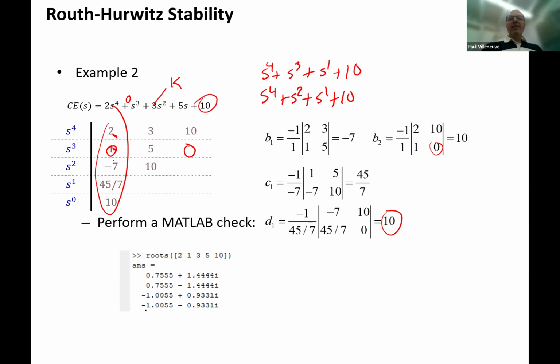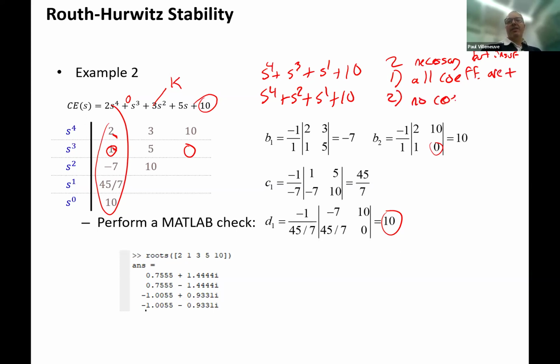So as long as you have those two necessary but insufficient conditions, which is number 1, all coefficients are positive, and number 2, no coefficient equals 0, then you can actually do the Routh-Hurwitz. If either of those fail, then you can't do the Routh-Hurwitz approach. You're out of luck.